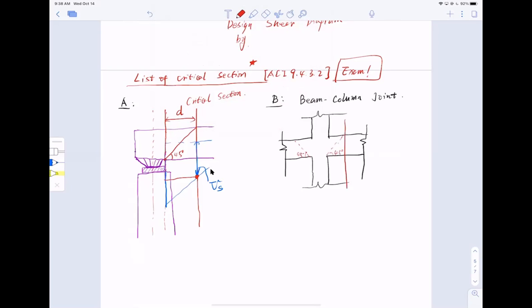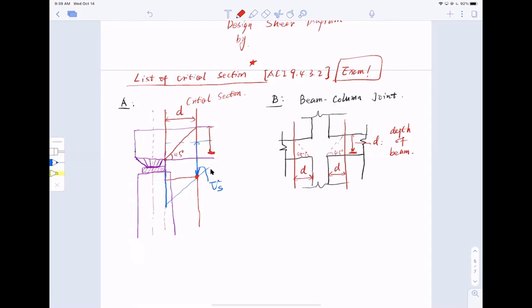So it's distance d away. So this is d, and this is d. What is d? d is the depth of the beam. See, I didn't draw the height, it's the depth of the beam, okay? So just make sure you know that it's the depth of the beam. Same thing here, d is right here.